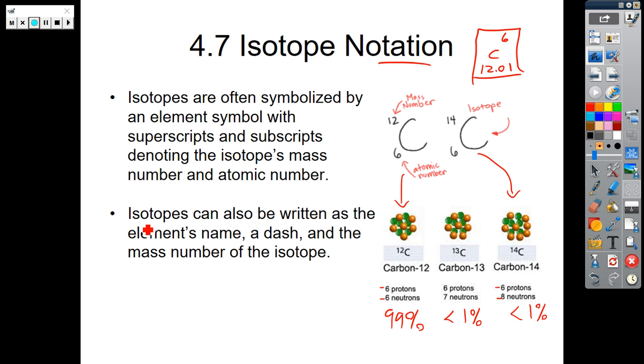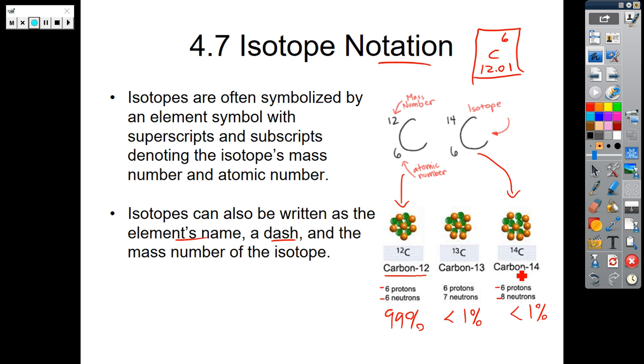Now, another way that you can write isotope notation is with basically just the element's name and a dash. So if you see carbon-12, that's telling you this is carbon with a mass of 12. Because you can look on the periodic table and see carbon has an atomic number of 6, and that's never going to be different for carbon, but the mass number can be different.